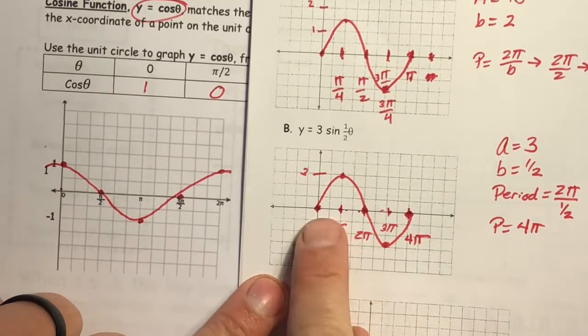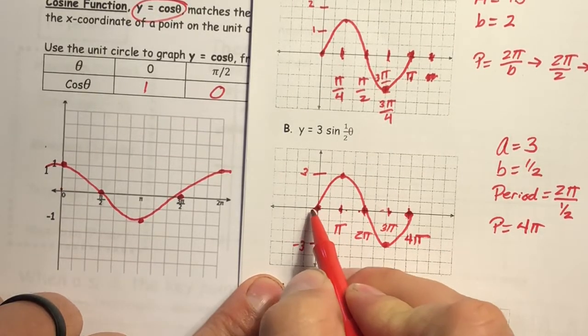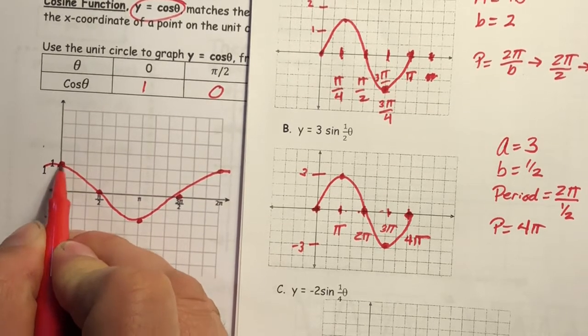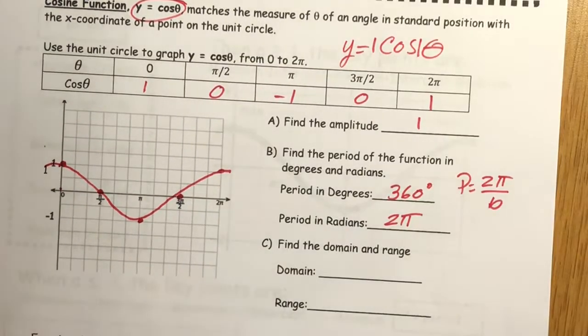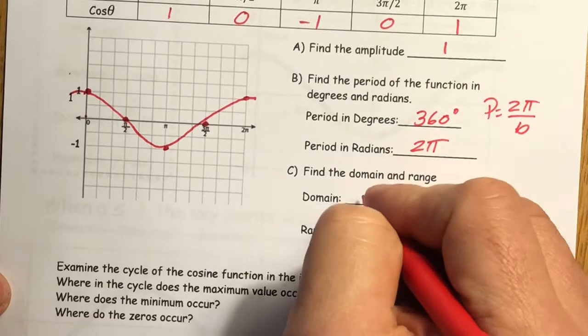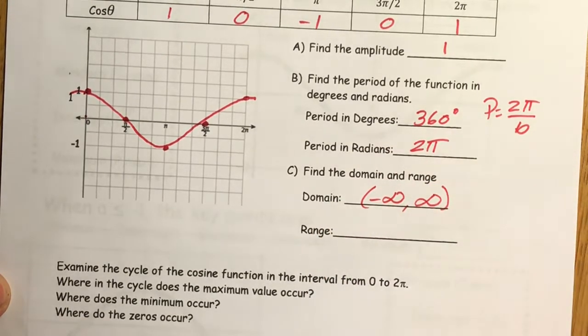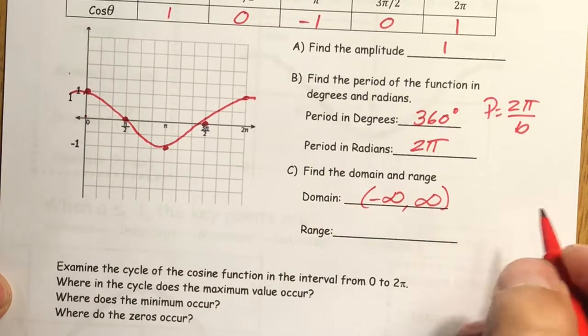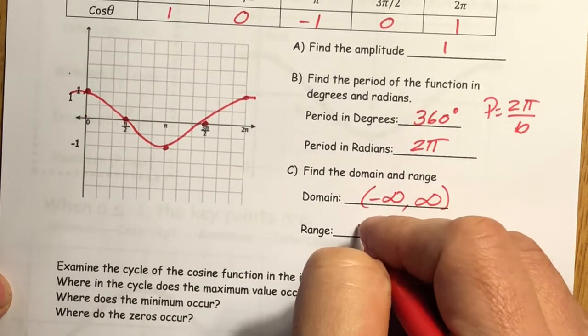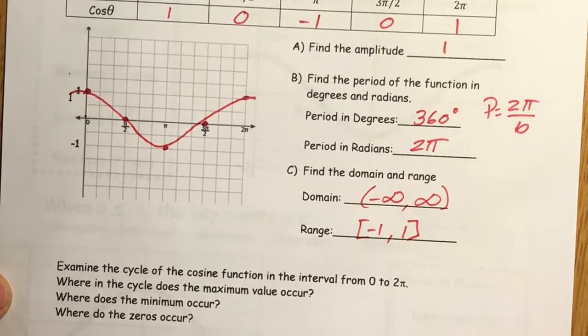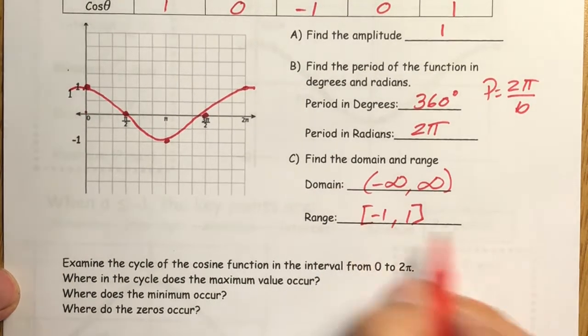The sine started at the origin, 0, 0. Cosine is going to start up here at that maximum. My domain is going to be -infinity all the way to infinity. That's the length of the function. And my range is going to go from -1 all the way up to 1.